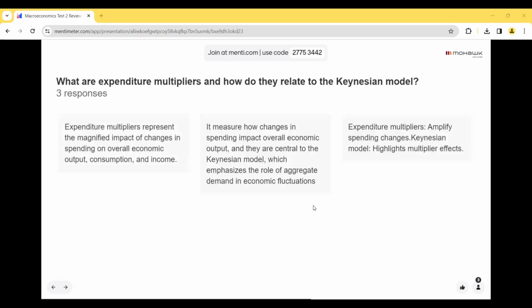Measures how changes in spending impact overall economic output, and they're central to the Keynesian model, which emphasizes the role of aggregate demand in economic fluctuations. Expenditure multipliers amplify spending changes. Keynesian model highlights multiplier effects. Yes.